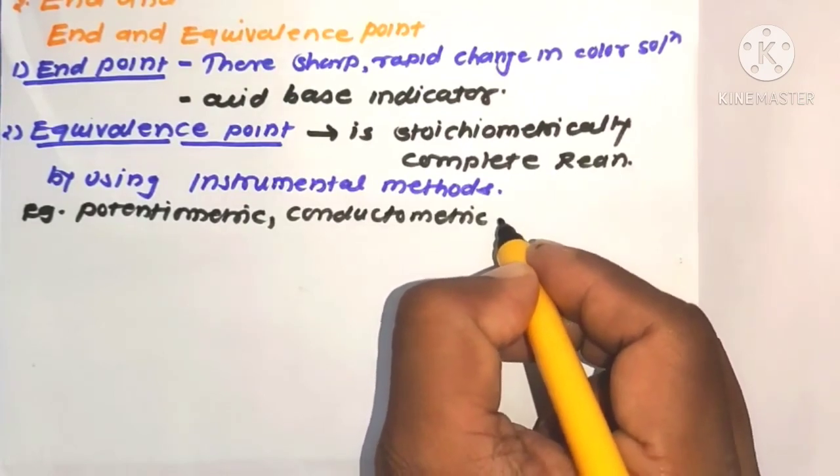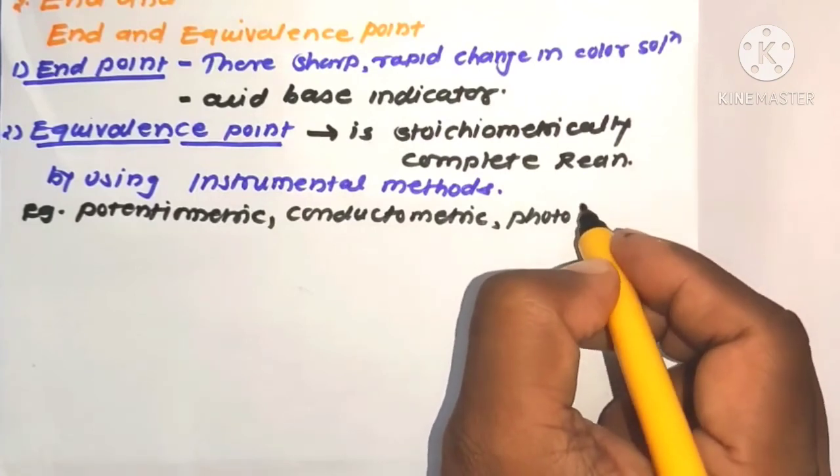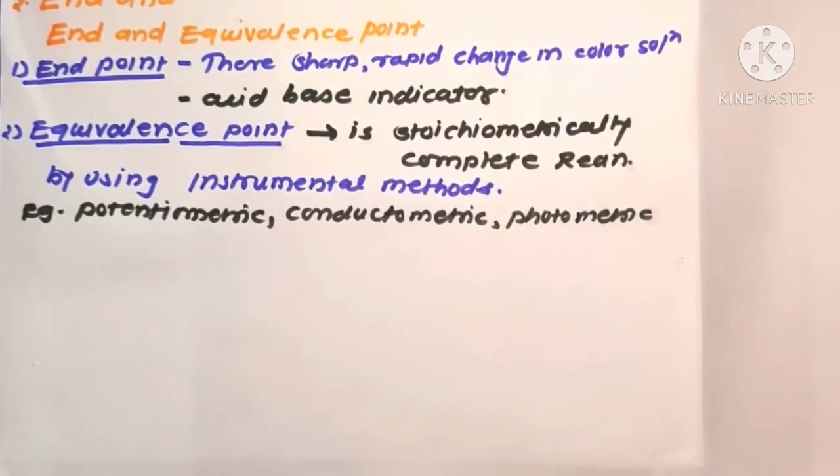There is always a small difference between the end point and equivalence point of the titration. This difference is known as titration error. These errors cannot be completely eliminated. However, they can be minimized to an acceptable level by proper choice of acid base indicator.